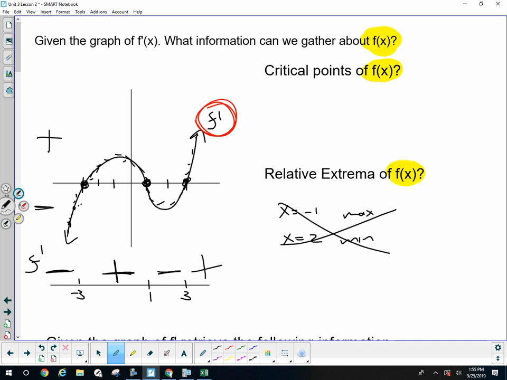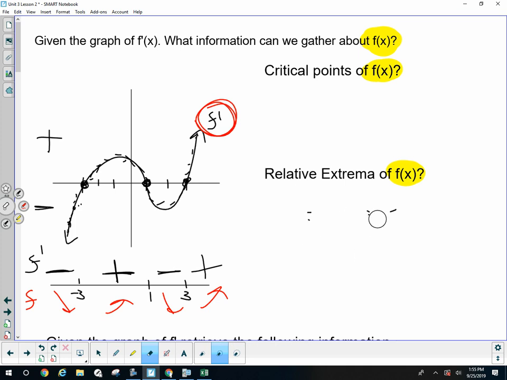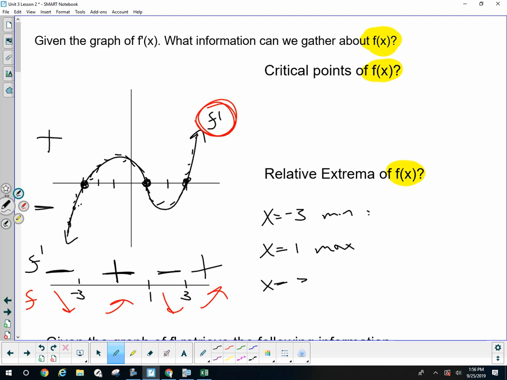It is from this analysis that we know that the original graph F, which is not shown to us, is going to be going down, going up, going down, going up. And it's not -1 and 2, it is -3 is a min, 1 is a max, 3 is a min.